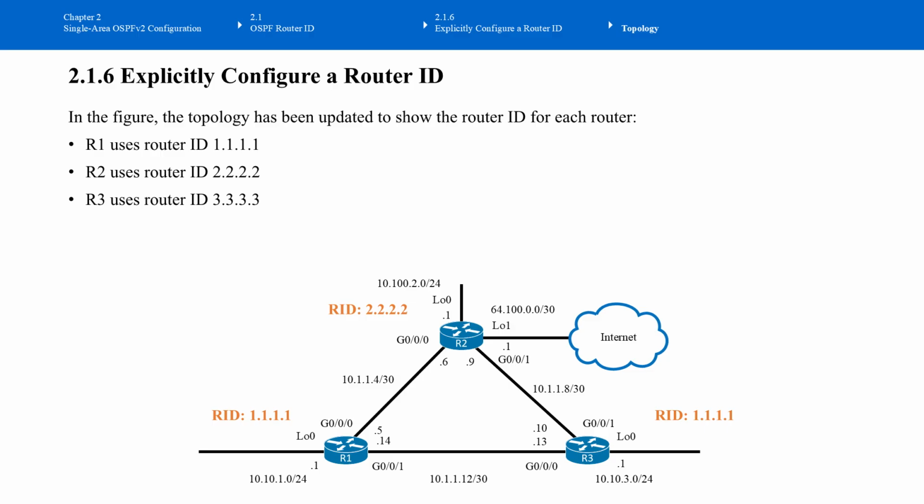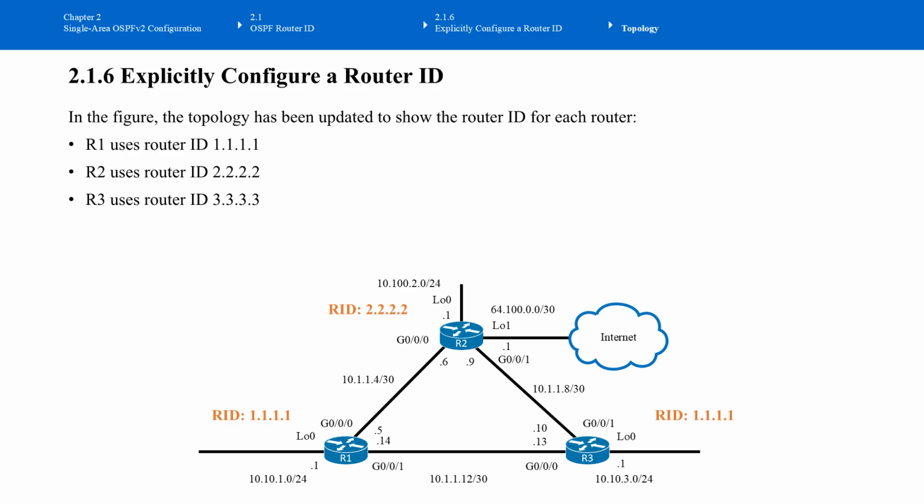2.1.6 Explicitly configure a router ID. Now let's look at the updated topology. Unlike the previous example, these routers are not using automatically selected router IDs. Instead, each router has been assigned a manually configured router ID, which is the recommended practice.